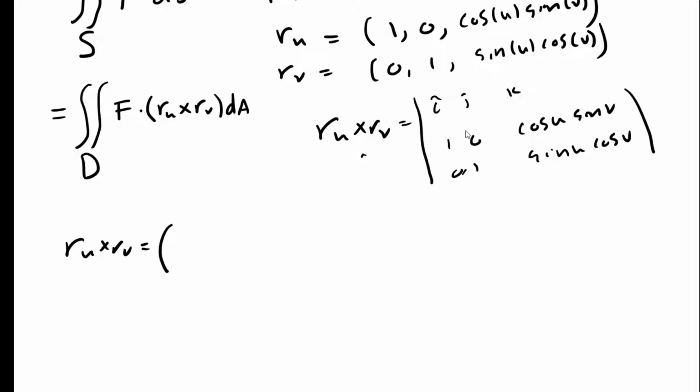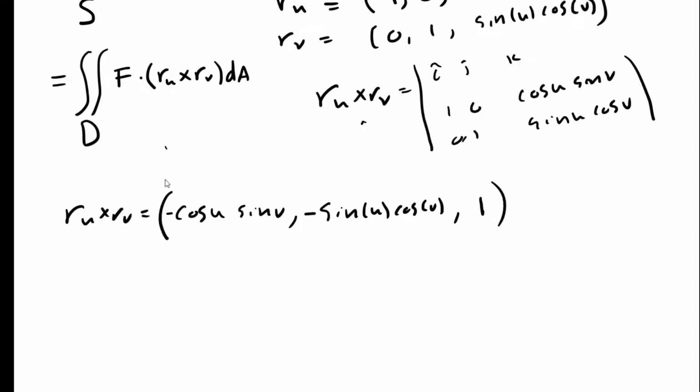So we cross out the i component, we have minus cosine u sine v. Cross this out, we have sine u cosine v, but it's negative, minus 0. And then cross k out, we have 1 minus 0, that's 1.